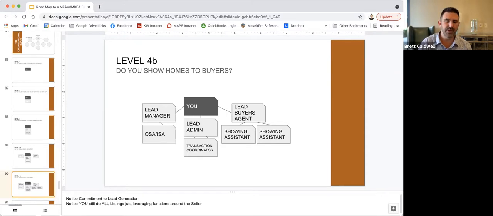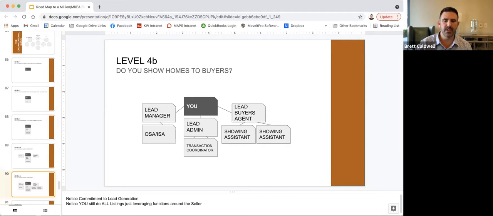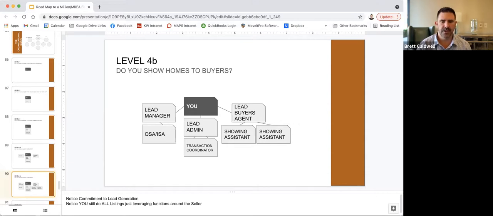But I also want you to notice that there's a commitment to lead generation here at level 4 that you didn't see at level 3. Not that you weren't committed, but you're committing resources and people at level 4 to lead generation. And there's a lead manager and somebody helping you collect all these leads and convert all these leads so you stay face to face with the consumer.